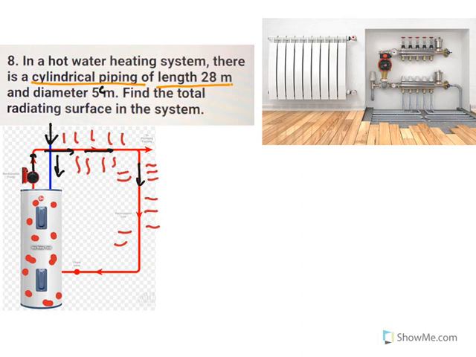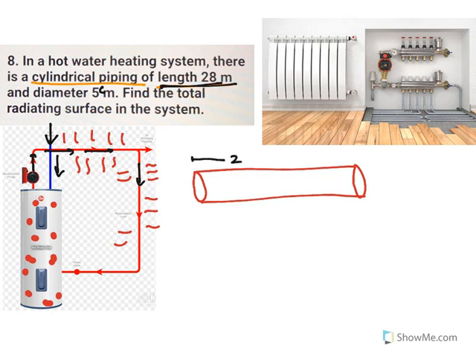So here if you have a pipe like this, this is the pipe of the heating system. In this case, they said the pipe was 28 meters in length. The diameter they said is 5 centimeters.